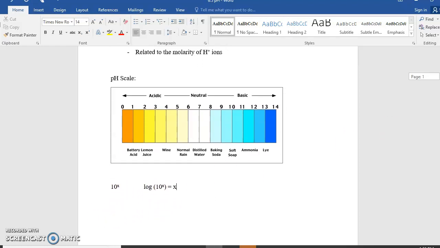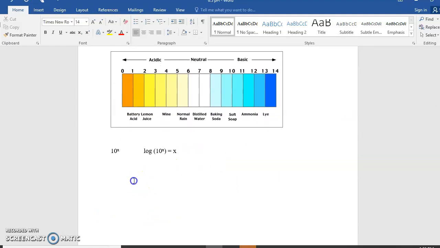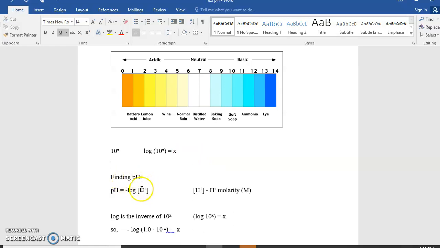And specifically, we're applying this to our hydrogen ion molarity. So, if we want to find the pH, we have hydrogen ion molarity, which is usually written in scientific notation. We take the negative log of that molarity. pH is a positive number. Our scientific notations are very, very small, so usually 10 to the negative x, and I want the negatives to cancel out, which is why it's negative log.